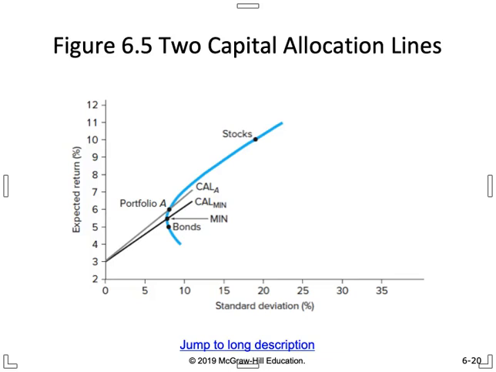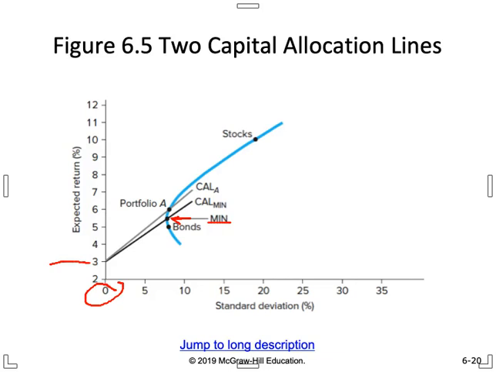So you see right here at 3%, we're adding in, let's say, treasury bills that have a 0 standard deviation. And if we draw a straight line between that and our minimum variance portfolio right here, that represents all combinations of the minimum variance portfolio that we already looked at, combined with the third asset, the risk-free asset.